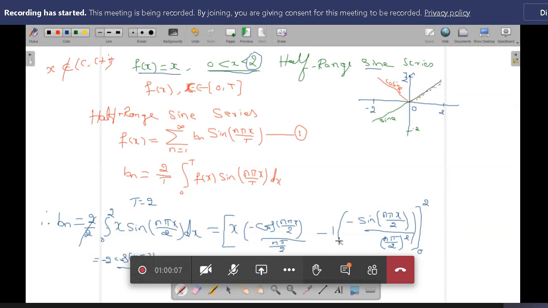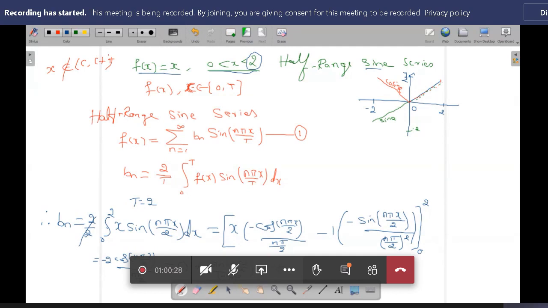So here is minus into minus plus. When you put the upper limit, we get sine n pi by 2 divided by n pi by 2 whole square, and minus lower limit sine 0 is 0.